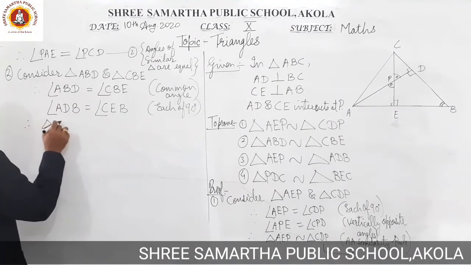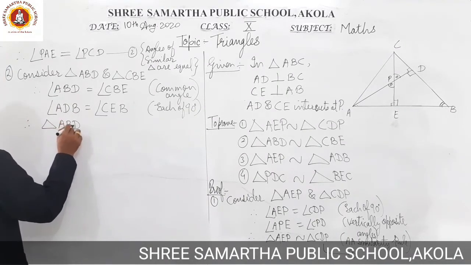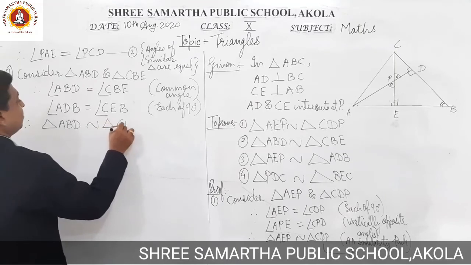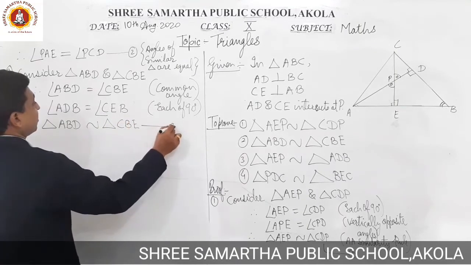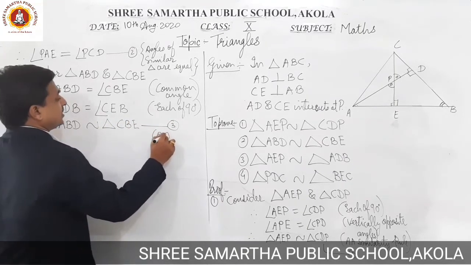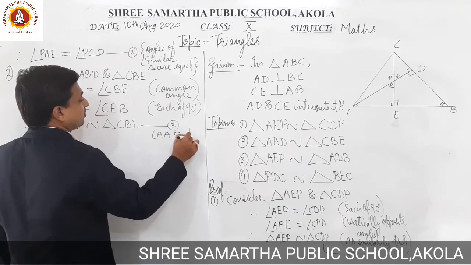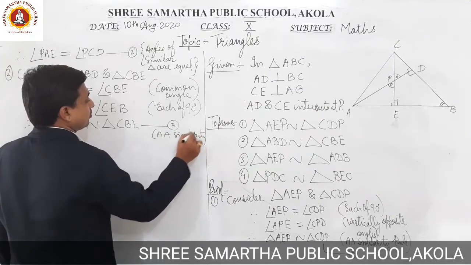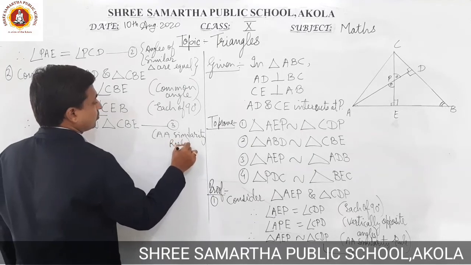Therefore, triangle ABD is similar to triangle CBE, equation number 3, by AA similarity rule.